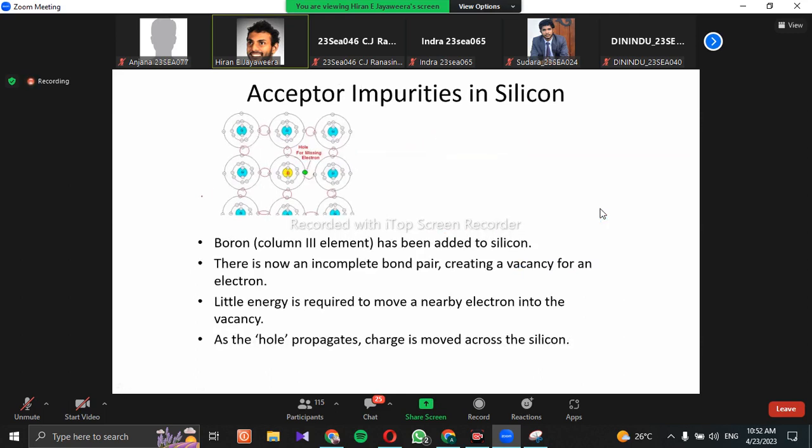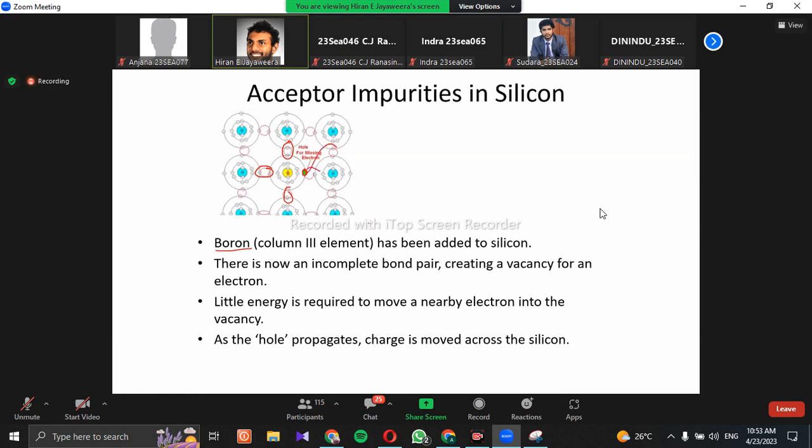Similarly, you can go with column 3, where you have only 3 electrons in the valence shell. You can dope silicon with that, for example, boron. So this is boron, and you make 3 bonds, and then there's no electron to make a bond here. So that is a requirement of an electron. In other words, it's a free hole. Any of the electrons in a neighboring atom could jump here and make the covalent bond.